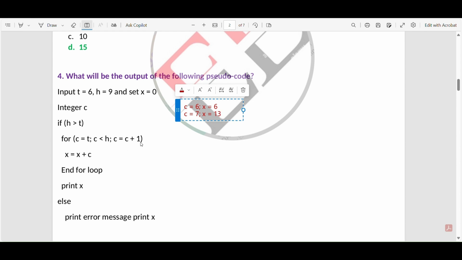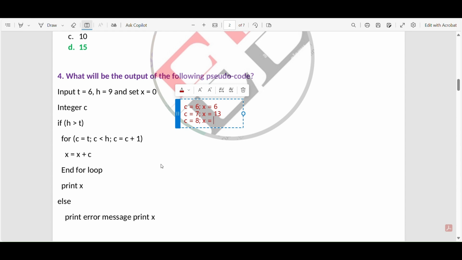And next we'll again go and increment it. It is 8, right? Yes, 8 is less than 9. So again x will be replaced by 13 plus, what is c now? 13 plus 8. What is 13 plus 8?